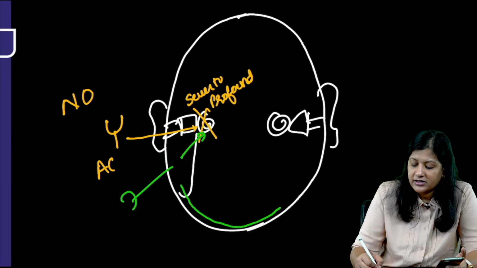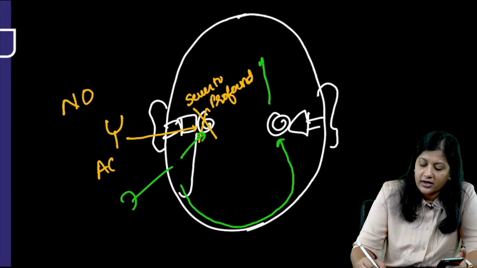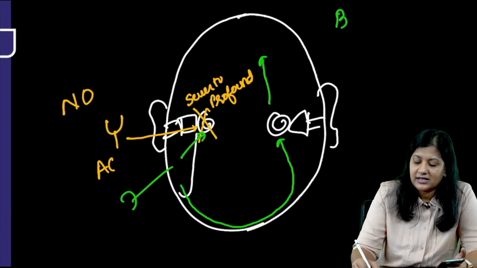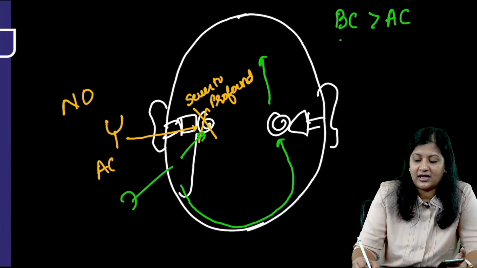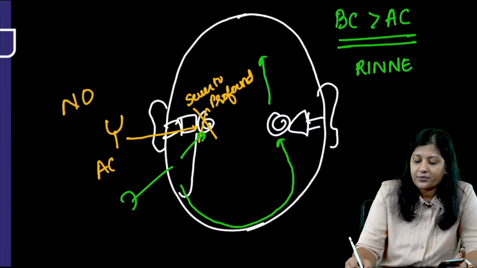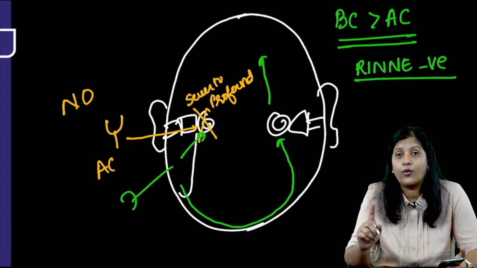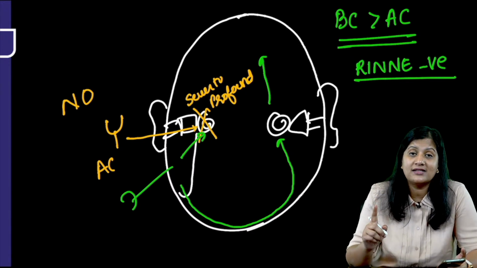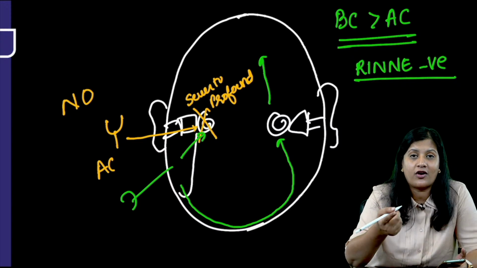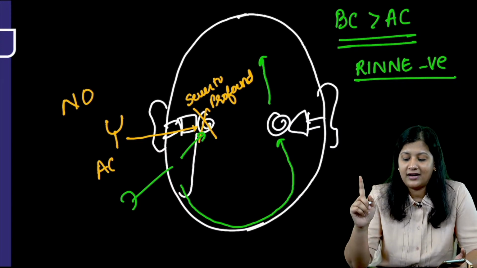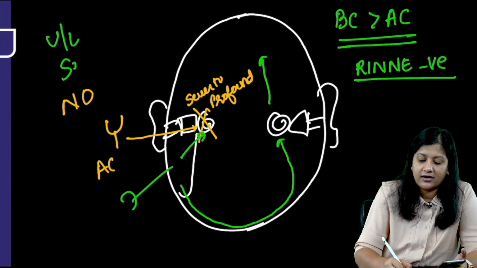But will the patient hear the sound through the opposite cochlea and going to the brain? Yes. So here the patient's BC is greater than AC, and when BC is greater than AC, we call it Rinne negative. Now is this truly negative? No, it is falsely negative because the conduction is not happening from the same cochlea, it is happening through the opposite cochlea. So false negative Rinne will be seen in unilateral severe to profound SN loss.